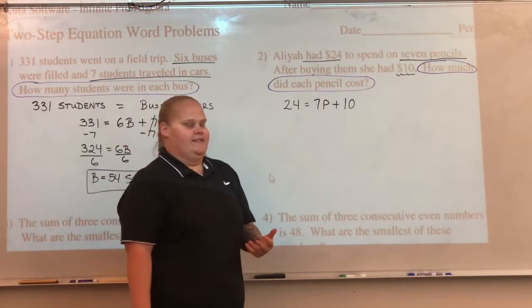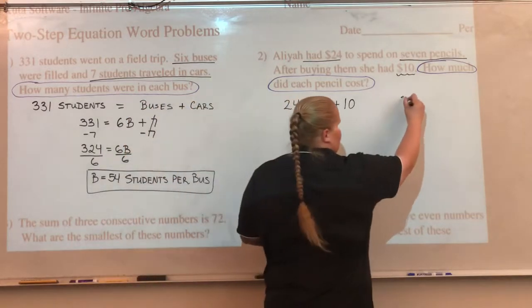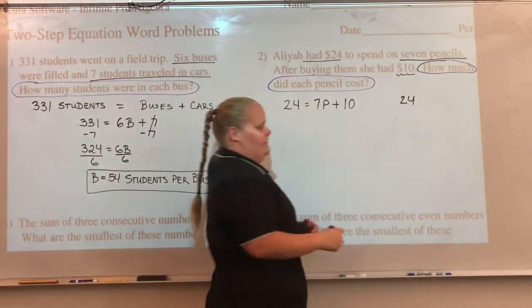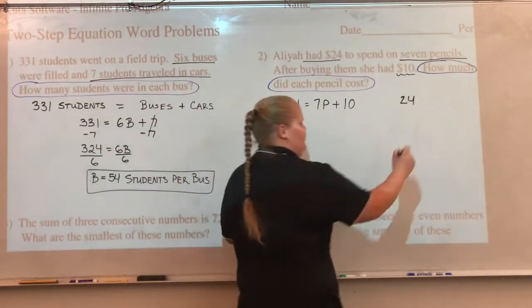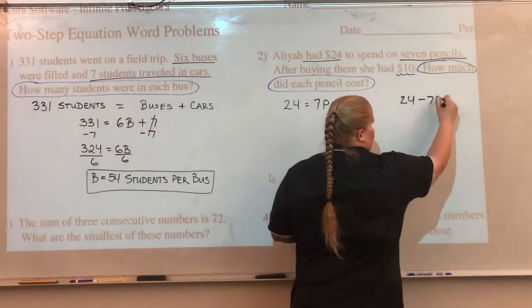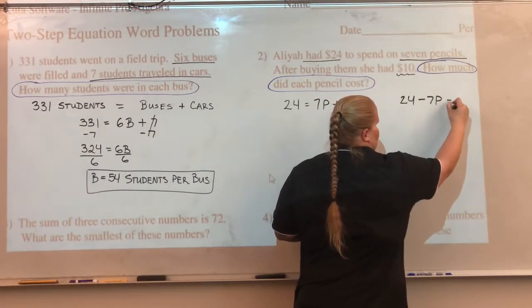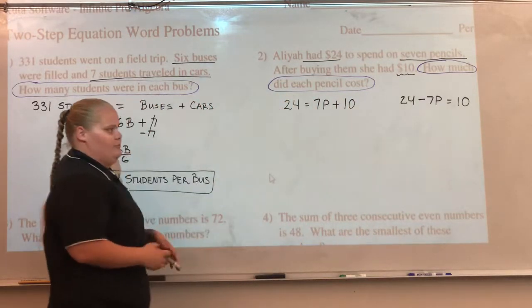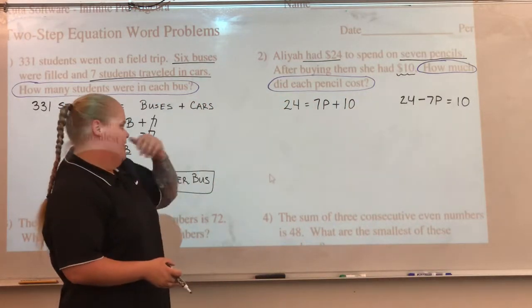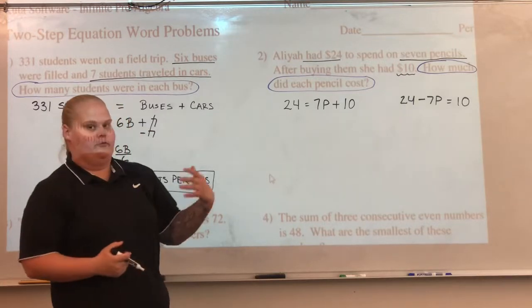Another way I could look at it is I could say she had $24 and then she bought 7 pencils, meaning she gave money away, so she's subtracting the cost of the 7 pencils, and now she has $10. So either way, I should be able to solve for the price of a pencil, P.